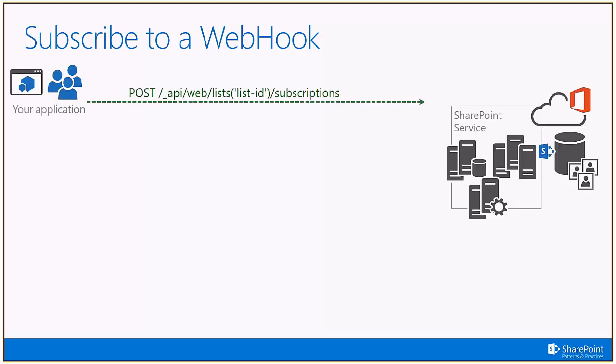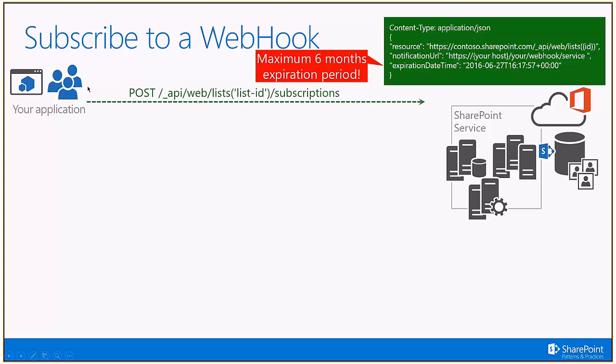First of all, your application will need to make a call to SharePoint, saying, SharePoint, I want to subscribe to a webhook on this particular list. At the top right, we subscribe to a resource, which is a list, and we give it an expiration date, which is a maximum of 6 months.